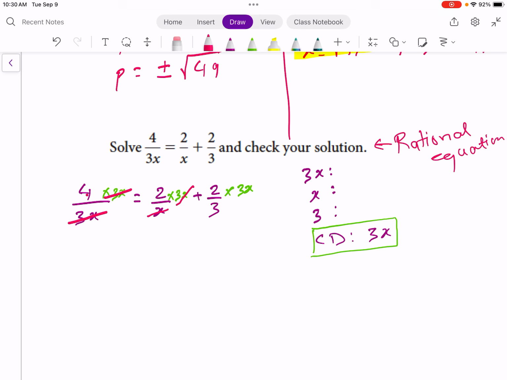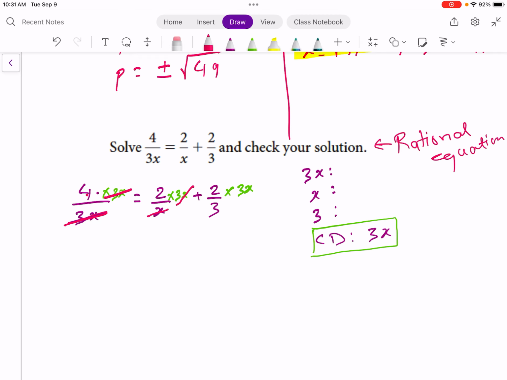We do not have plus or minus in the numerator and denominator. We have product form, so we can cancel. Like in between 4 and 3x, we have a product, and we have 3x only one here. That's why we can cancel. Here we have 2 times 3 times x. So everything is in a product form, so we can cancel x and x.